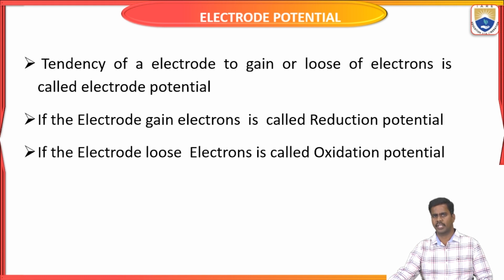That is known as potential. The tendency is associated with an electrode. That is known as electrode potential. That's why we can define electrode potential as the tendency of an electrode to gain or lose electrons.